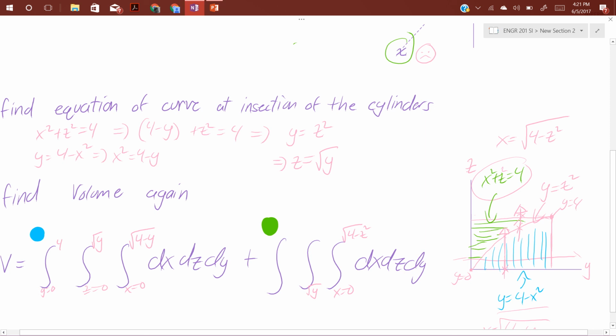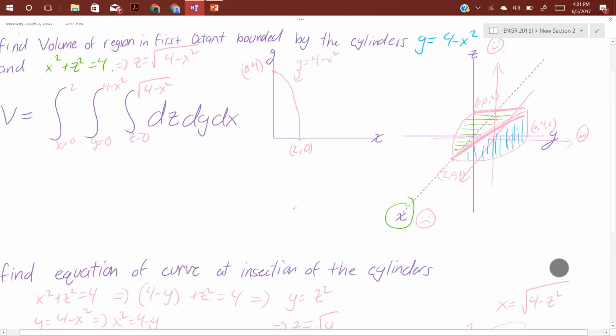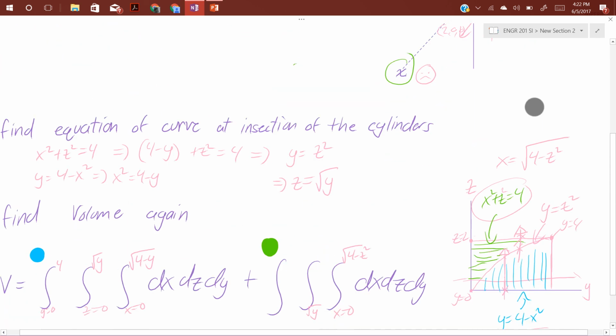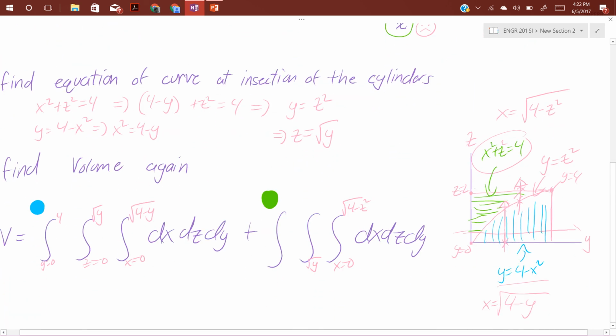My bad. We write what the value is for z here. So z equals 2. Since we already accounted for the x in the first limit, we don't need to worry about this equation again. We just have to worry about what z equals at that point, which is z equal to 2. We can look back up here and show that as we go in the z direction, this is z equal to 2 because it's at 0, 0, 2, and that's the highest it gets.